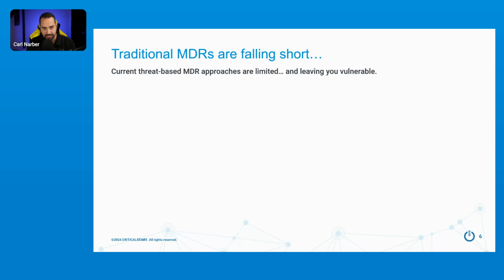So we need to make sure we're constantly changing the theme around what it means to be a proactive MDR, to not fall short, to move beyond the non-traditional sense of an MDR, and keep an open mind on how we're evolving what an MDR should look like.